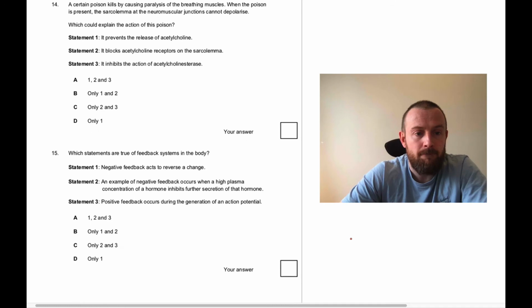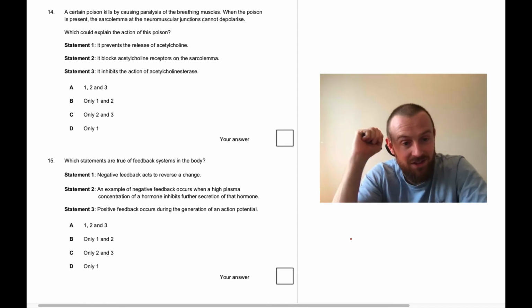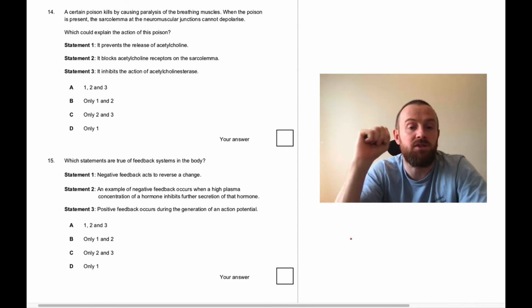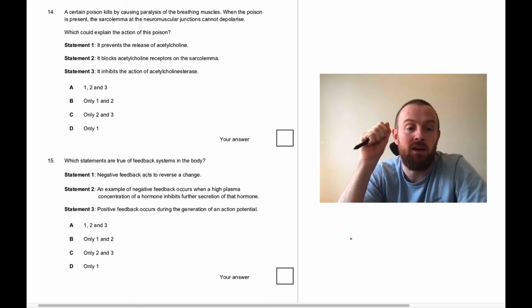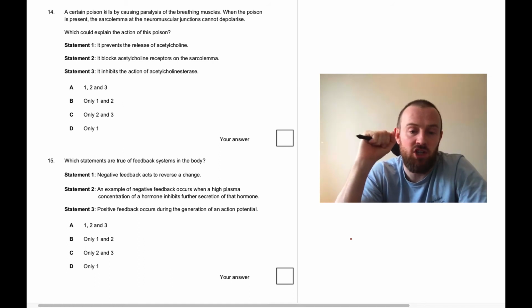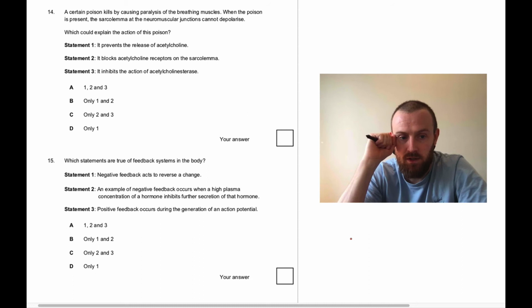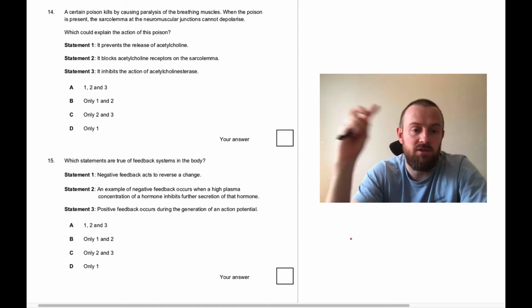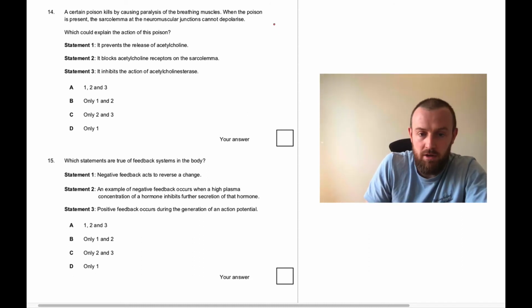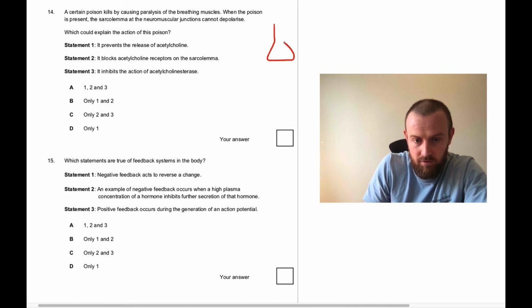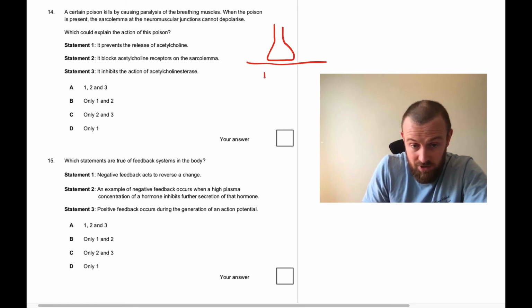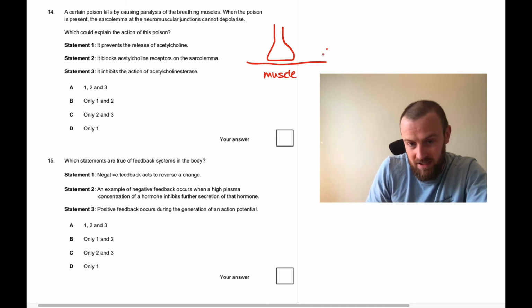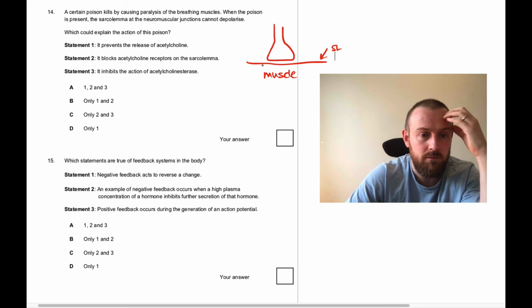A certain poison kills by causing paralysis of the breathing muscles. When the poison is present, the sarcolemma of the neuromuscular junction cannot depolarize. Which could explain the action of this poison? Remember, you've just got a synapse that joins onto a muscle instead of another nerve cell. So the sarcolemma is the membrane on the outside of the muscle cell.